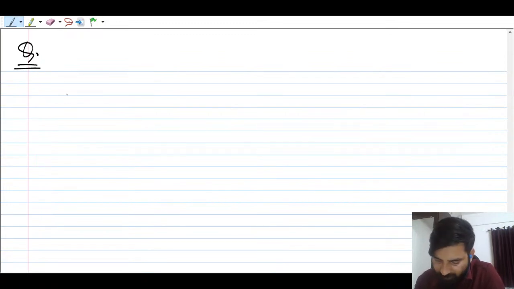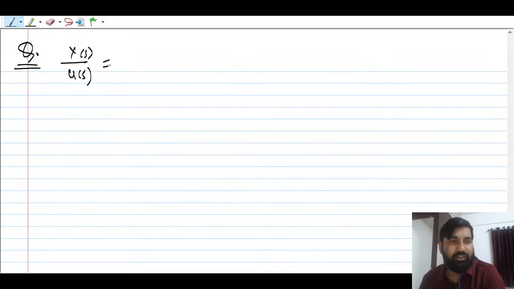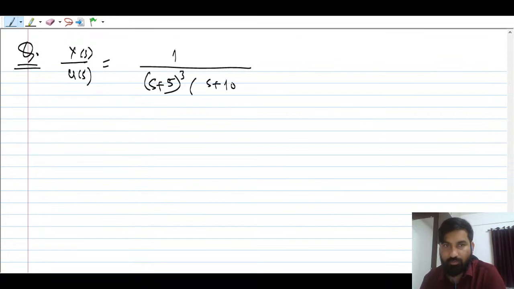So suppose one question is given, where Y(s) by U(s) is given as 1 upon (s plus 5) cube and (s plus 10).